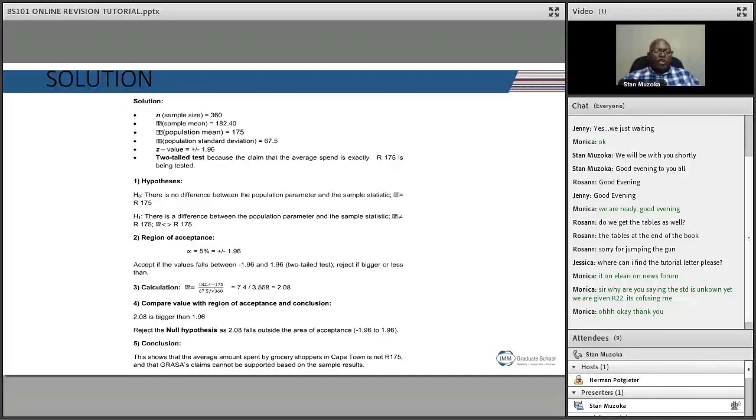Therefore, we are going to reject. It lies in the rejection region. You therefore reject the null hypothesis because 2.08 is in the rejection region, is greater than 1.96. How do you conclude? You are 95% confident that there is not enough evidence to support the claim that has been made by the association.